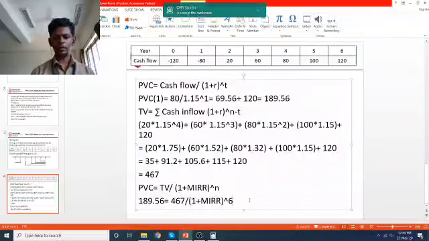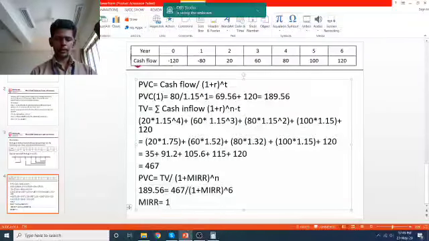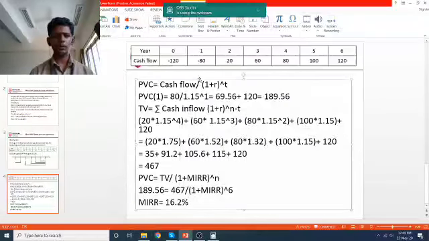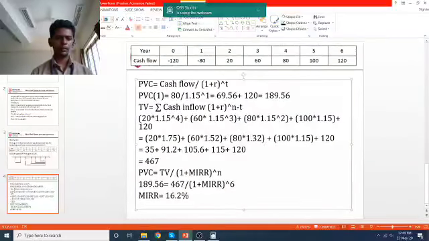If we solve this equation, you'll arrive at MIRR equal to 16.2%. Please try to solve this equation. That's very simple. If you don't understand how I solved the equation, please let me know.